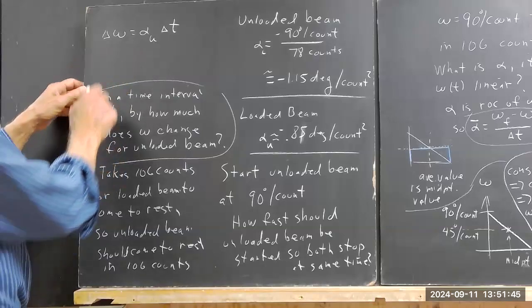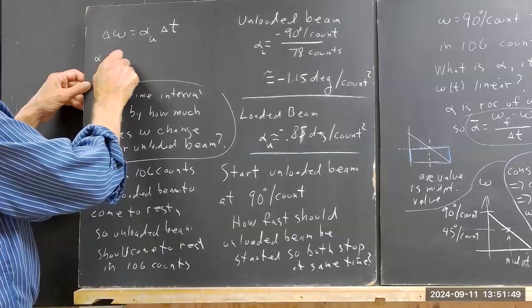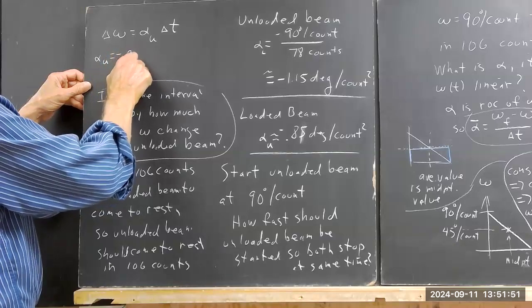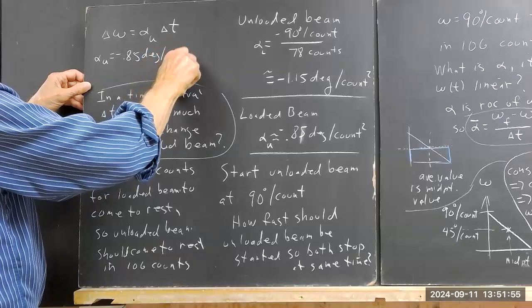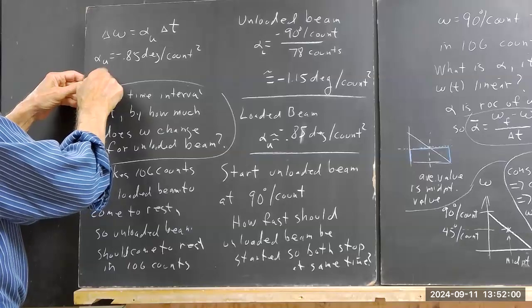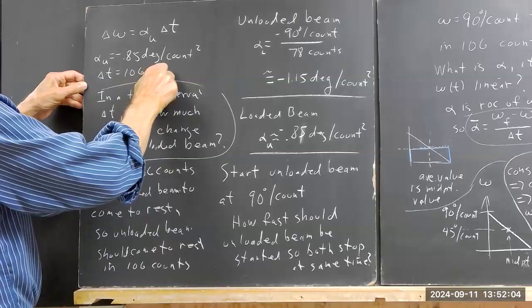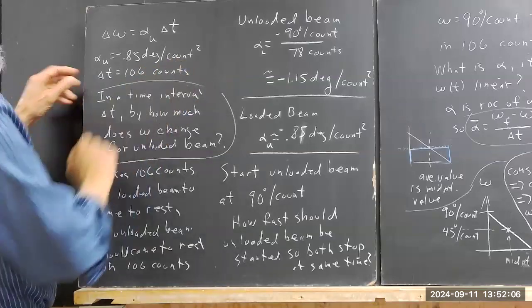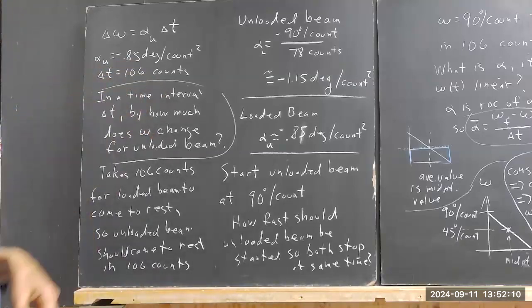What do you know about alpha U? Okay, 0.85 degrees per count squared, 106 counts.